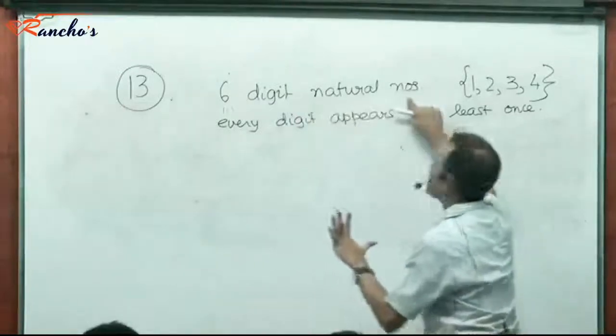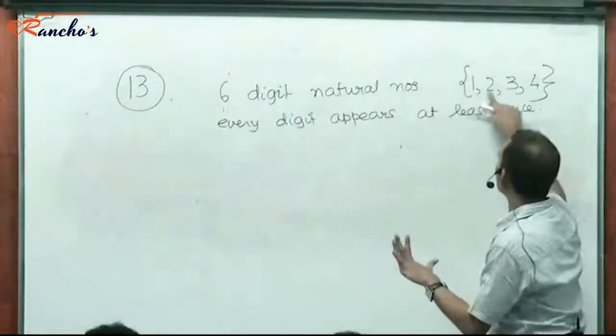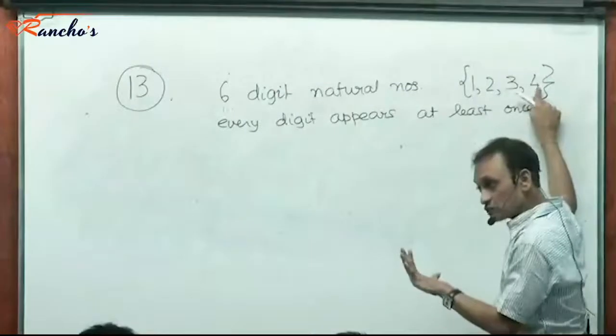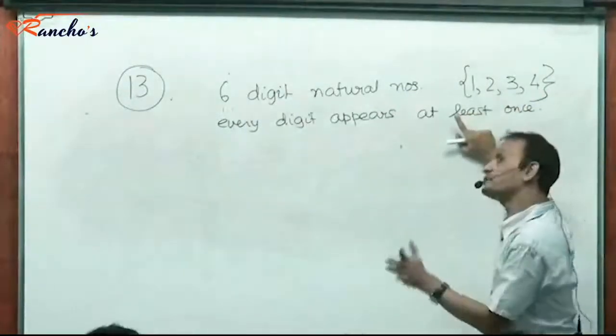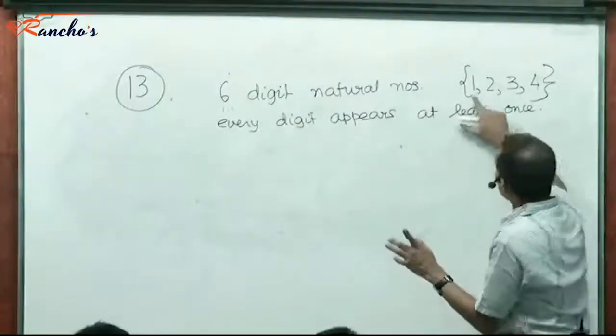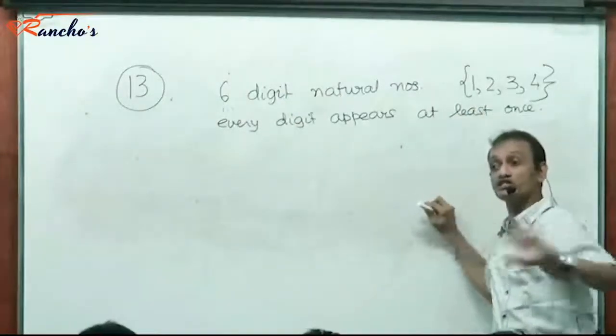So 6-digit numbers to be framed out of these 4 digits in such a way that in any given choice of number, each of the digits must appear at least once.